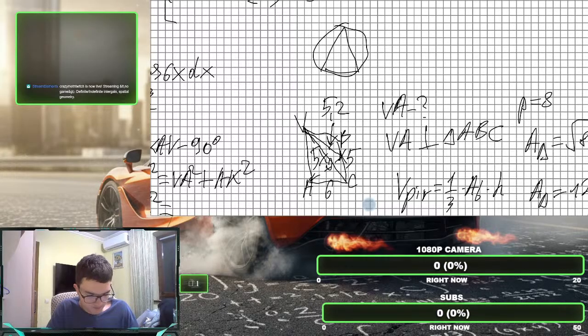So there's a pyramid, yeah. Looks like all of the details that ChatGPT got are correct. Okay. So VA is the height.